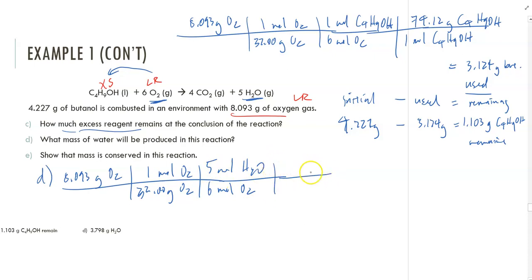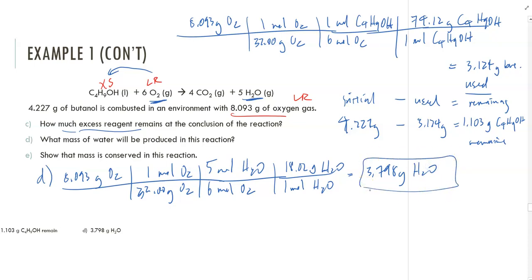And then, because they're asking for the mass, we change it out of a mole amount and apply the molar mass of 18.02 grams of water. That gives you 3.798 grams of H2O.